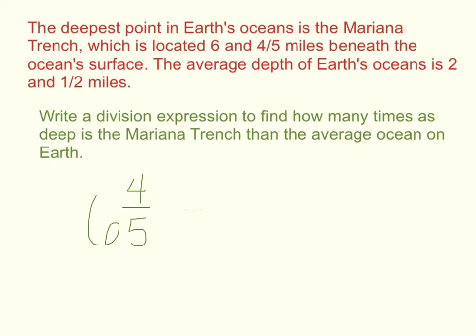We're going to divide that by the average depth of the Earth's ocean, which is 2.5 miles, to figure out how many times as deep the Mariana Trench is than the average oceans on Earth.